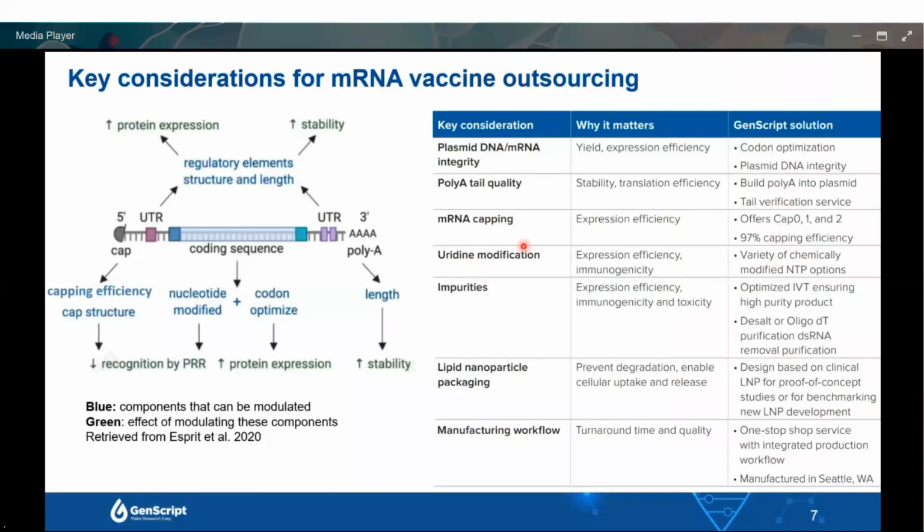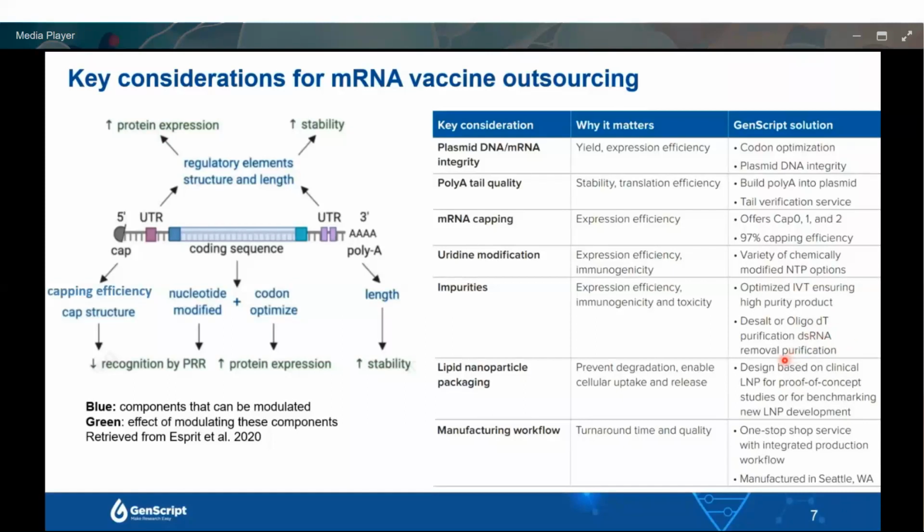And for mRNA capping, we offer 3 capping options and provide 97% capping efficiency. For the uridine modification, we also provide different options. And for impurity, we optimize our production process; usually the way for purification is oligo-dT.